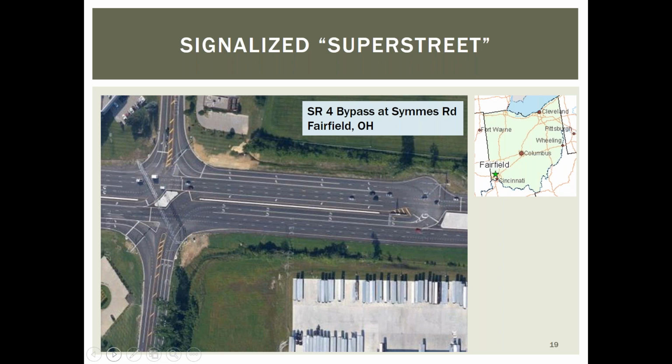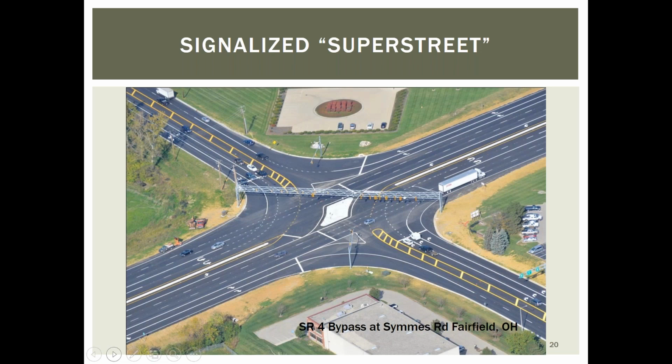So here's an example, an Ohio example. If we go to Fairfield, State Route 4 bypass at Sims Road, a signalized example of the R-CUT or super street. And if you look at the minor street, that is a triple right turn lane that is coming out from the minor street, and a double U-turn bay coming back.